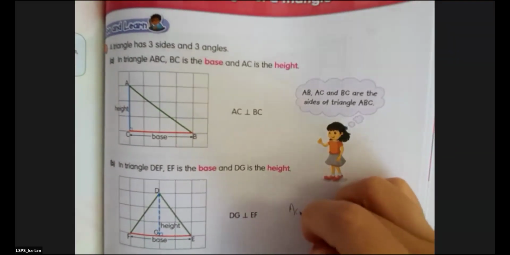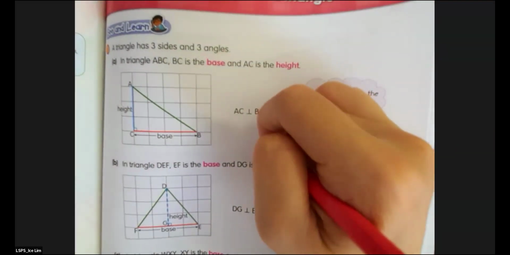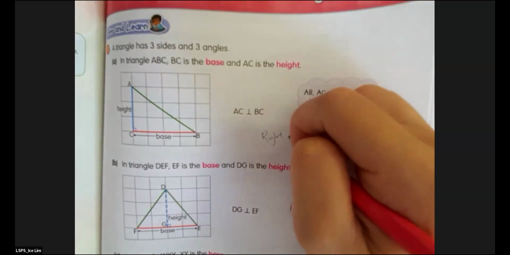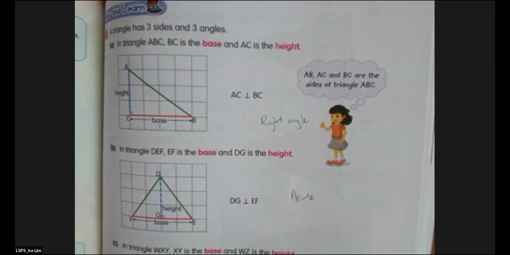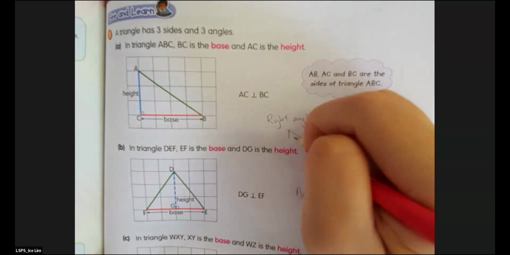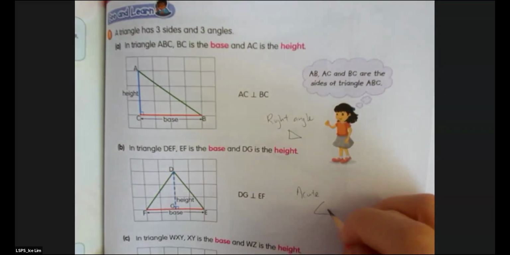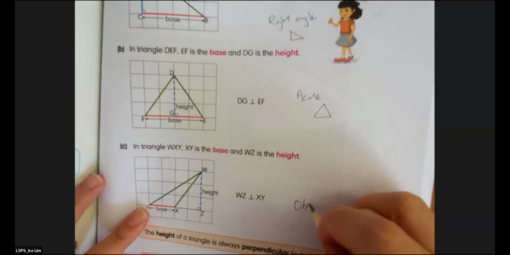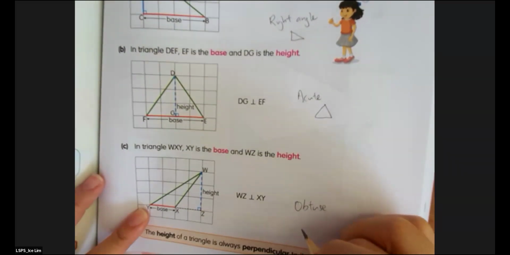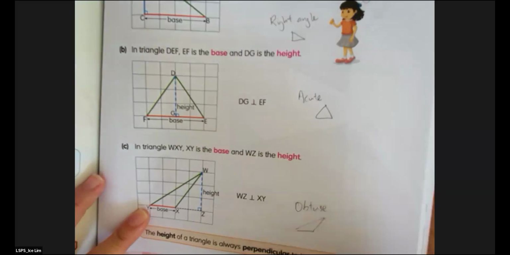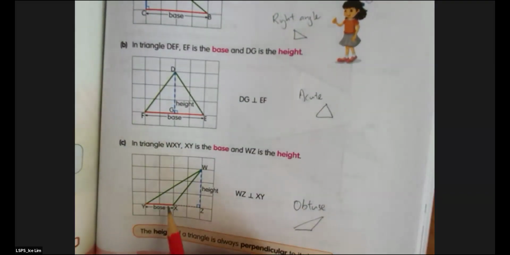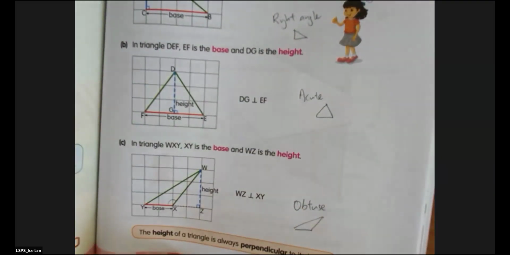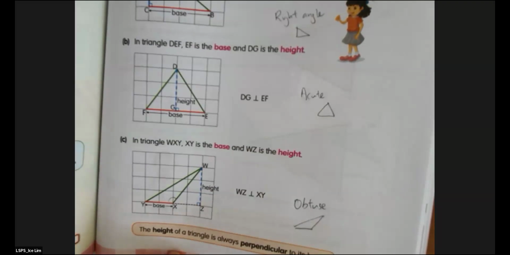And this one is called an obtuse triangle. You know why it's called obtuse triangle? Yes, there's one corner that is more than 90. Now, you realize that only for an obtuse triangle, the height is outside.